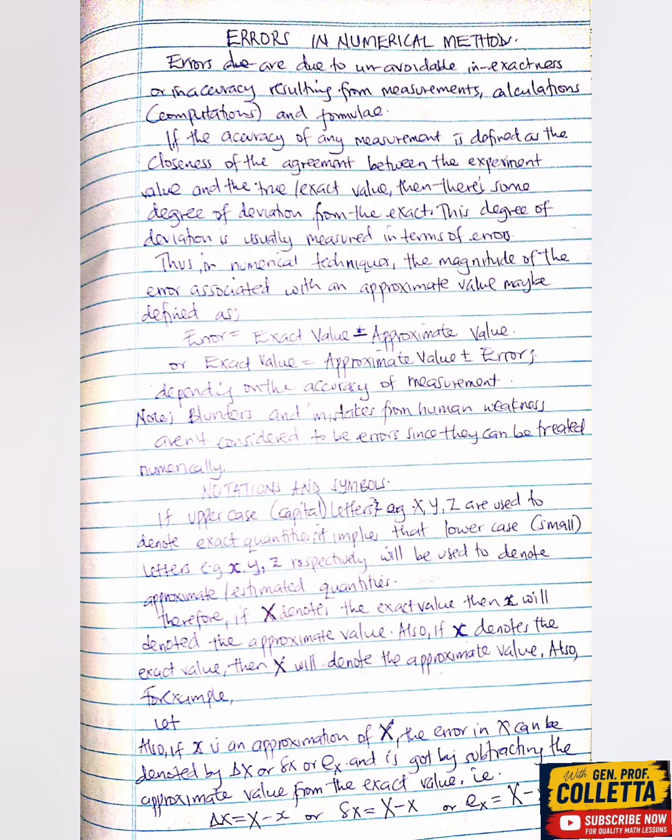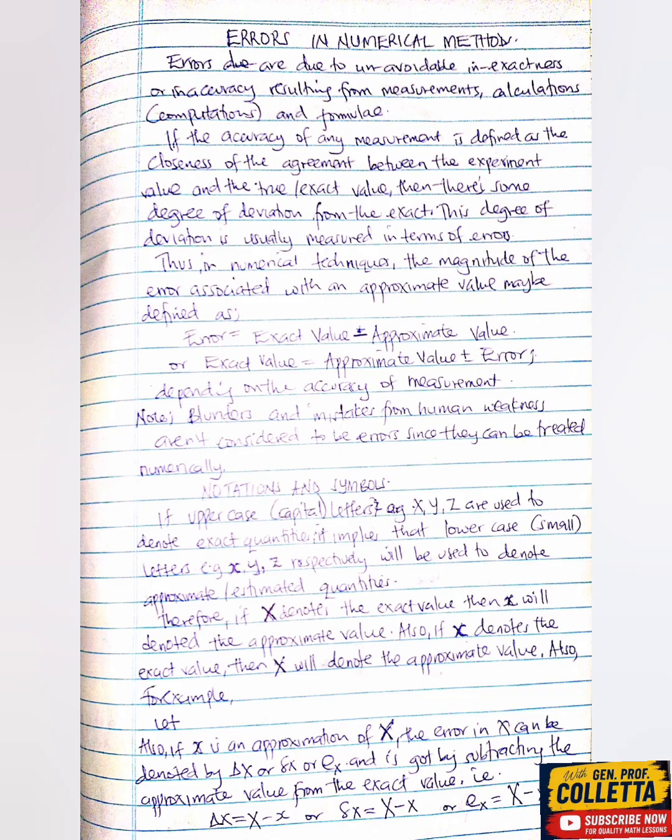But now specifically, I want to look at the errors in the numerical methods. The second paragraph: if the accuracy of any measurement is defined as the closeness of the agreement between the experiment value and the true value, which we can call the exact value, then there is some degree of deviation from the exact answer.